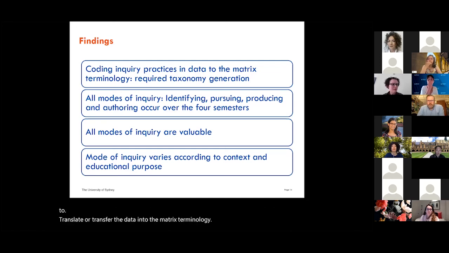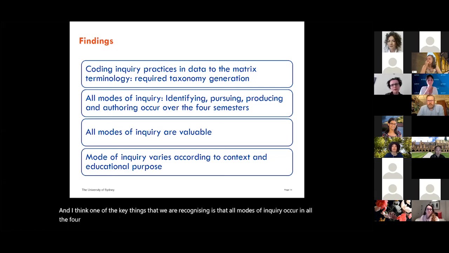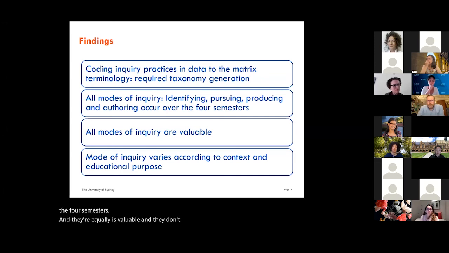One of the key things that we're recognising is that all modes of inquiry occur in all the 4 semesters, and they're equally as valuable, and they don't necessarily shift in a sequential or spiral trace.